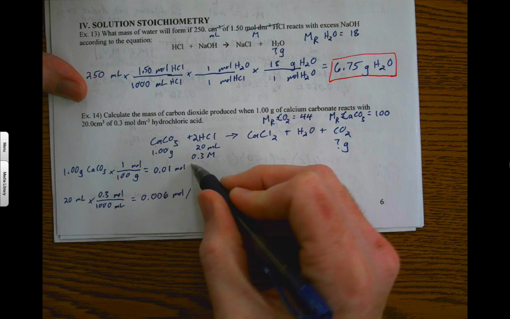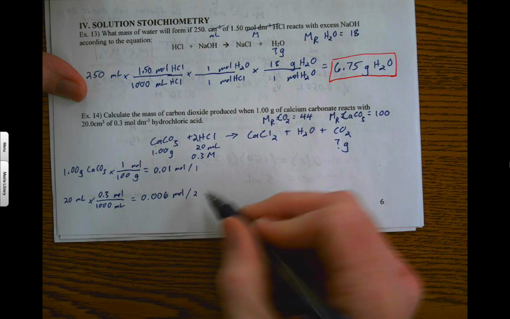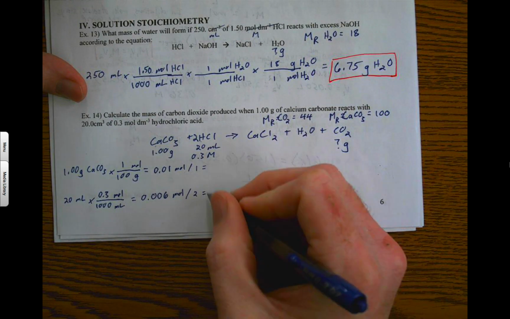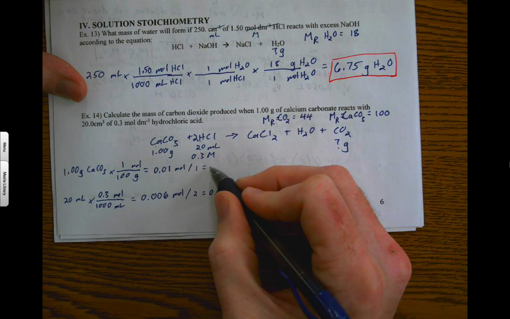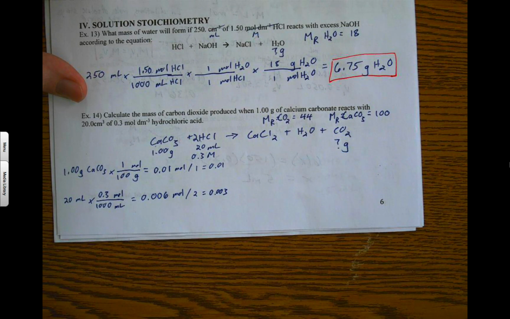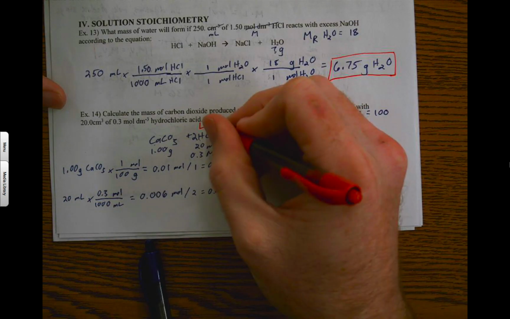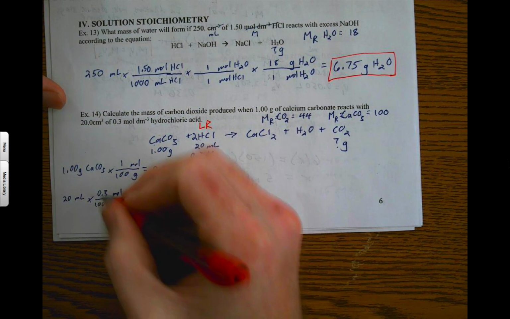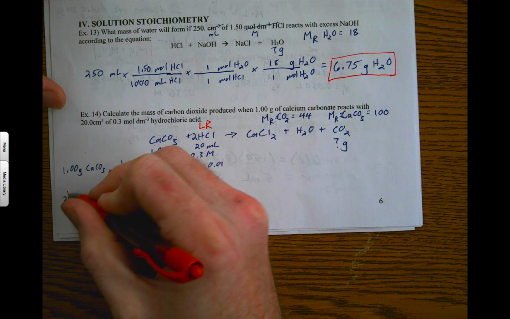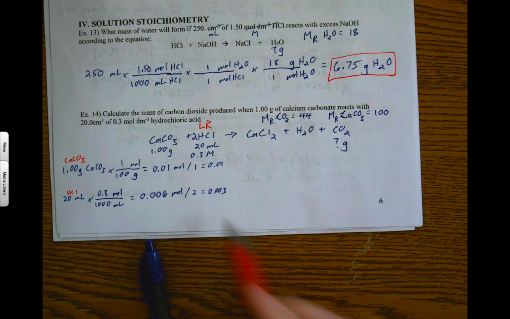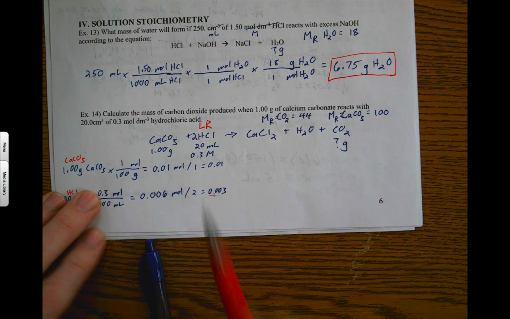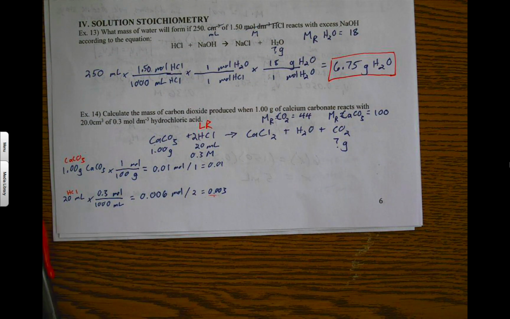Divide by their coefficients, so divide by 1, divided by 2. This one is for sure going to be the smallest number, 0.003. Okay, and that's 0.01. All right, so this one's the smallest number, so HCl is the limiting reactant. This was HCl, this was CaCO3. That's the smallest one out of these two, so that's the one we're going to use.